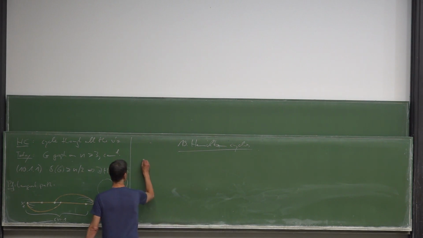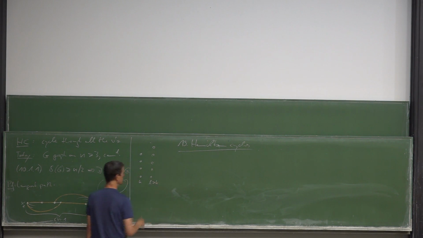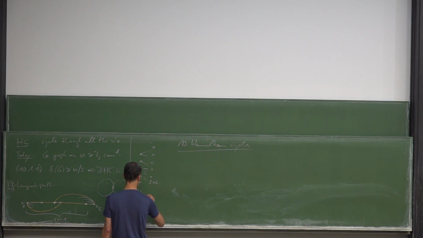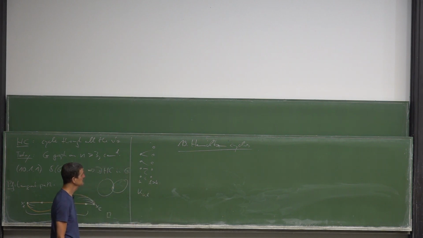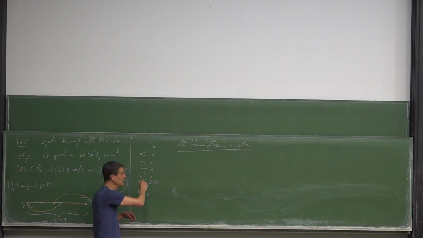No. Here's a simple example. Let's say we have k vertices on the left and more than k vertices on the right, and we have a complete bipartite graph on k and L vertices here, then this graph cannot have a Hamilton cycle because any cycle must shuttle between left and right, and it can't visit right more often than it visits left.